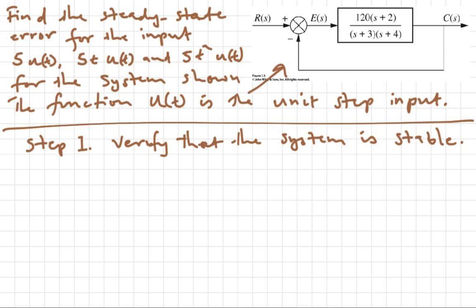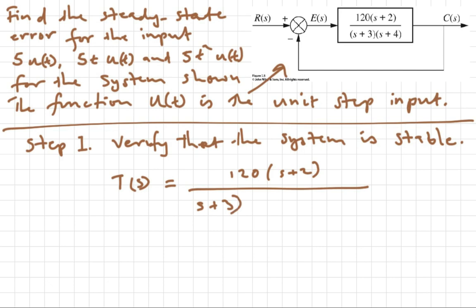I'm not going to do that here, but this is what you do. First, you find your T(s), which will give you 120(s+2) over (s+3)(s+4) plus 120(s+2).